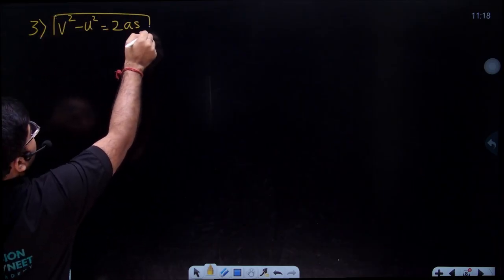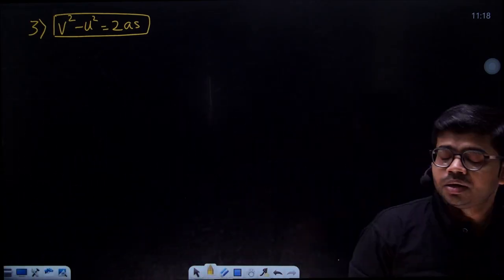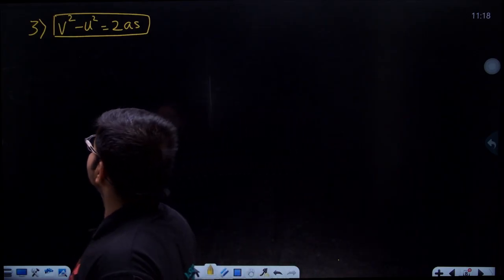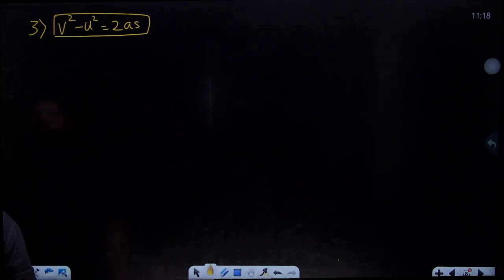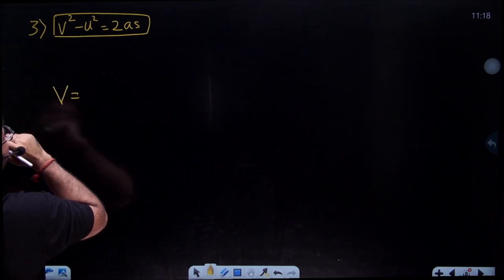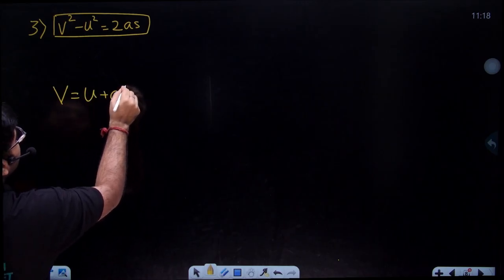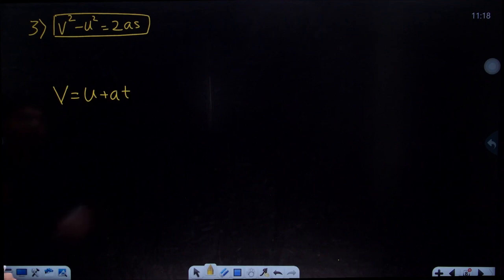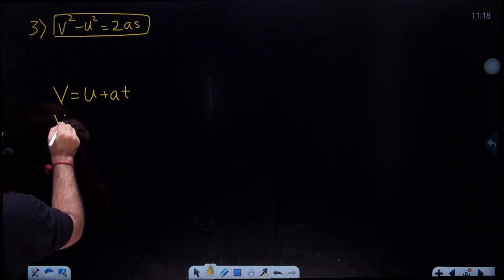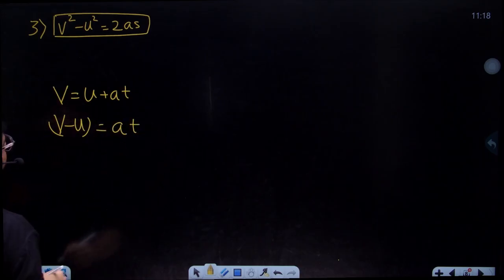Now from the first equation we can say that V is equal to U plus AT. So we can also say V minus U is equal to AT.